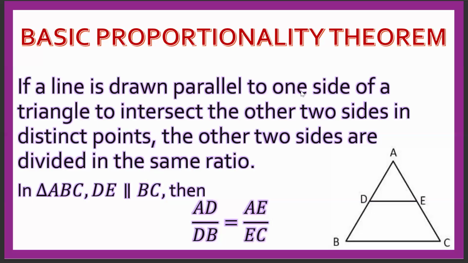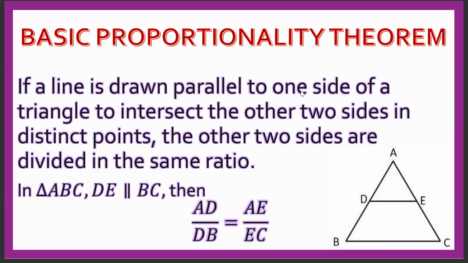Now here I want to state the basic proportionality theorem. If a line is drawn parallel to one side of a triangle, that is DE is parallel to BC, to intersect the other two sides at distinct points, that is D and E, then the other two sides are divided in the same ratio.